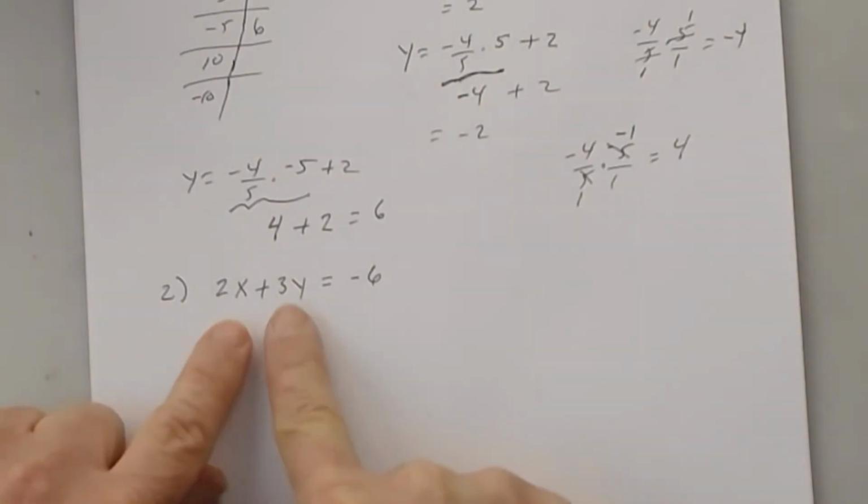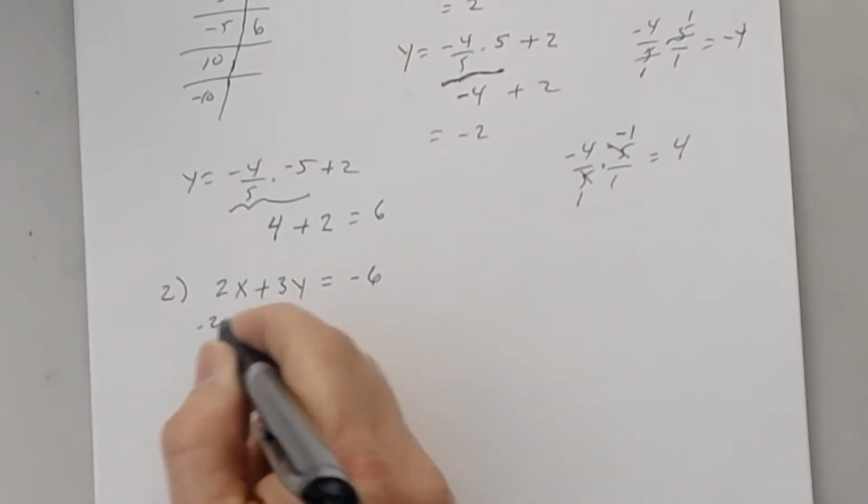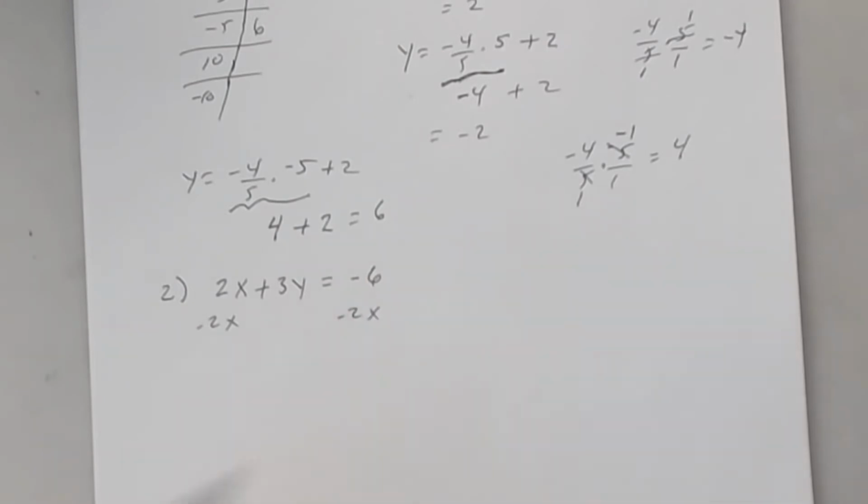So you see on the left side there, how many terms? 2, good. 2x and a 3y. So let's keep the 3y on the left side and bring the 2x to the other side. Just like we've been doing when you solve equations, are you going to add 2x or subtract 2x? Subtract 2x. So I'm going to subtract 2x from both sides, and then we combine like terms.